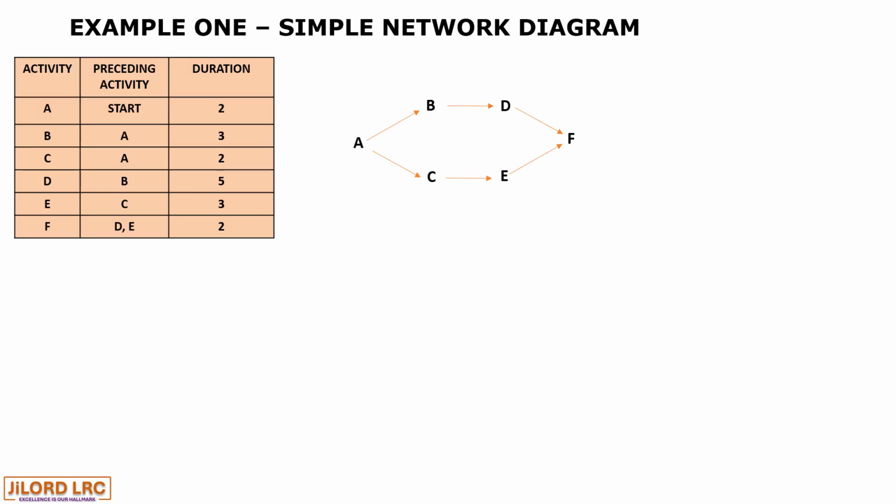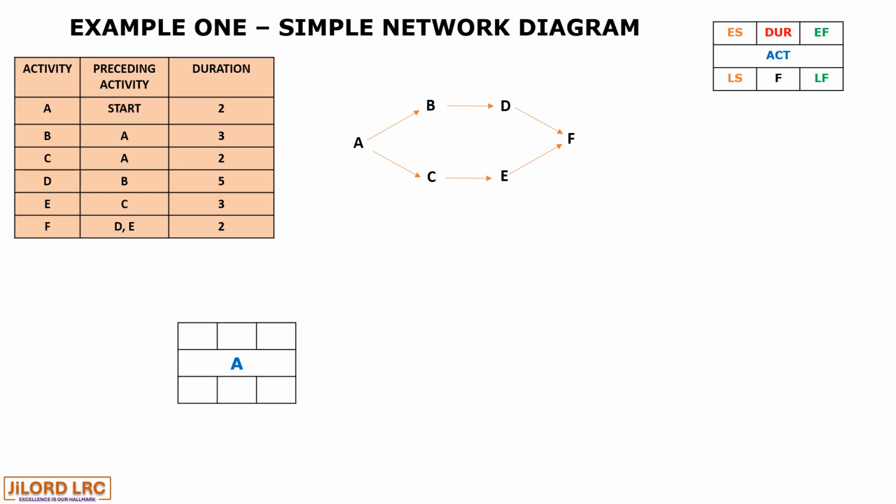and we can rely on this sketch to draw our precedence diagram using the notation early start, duration, early finish, and late start, float, and late finish. So let's proceed and draw the network diagram.